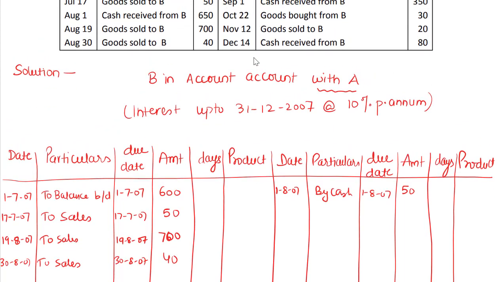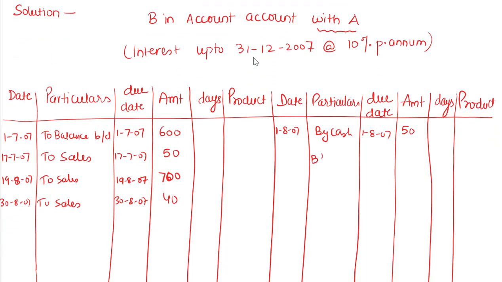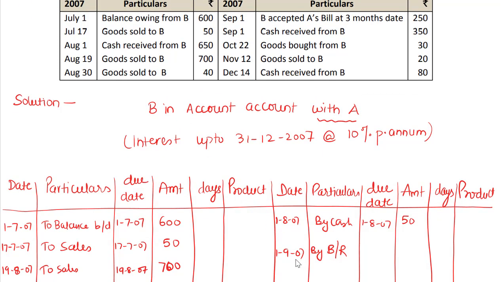Bills receivable account debit to B, by bills receivable. 3 months date: September, October, November, December, plus 3 days of grace, so 4th December 07 for 250.